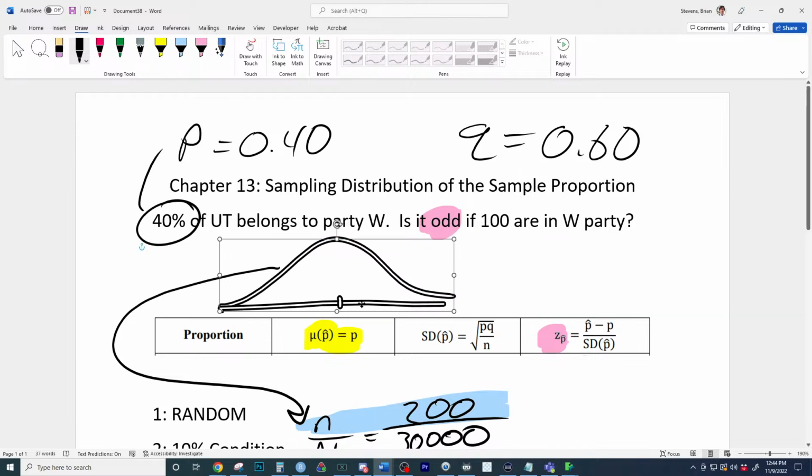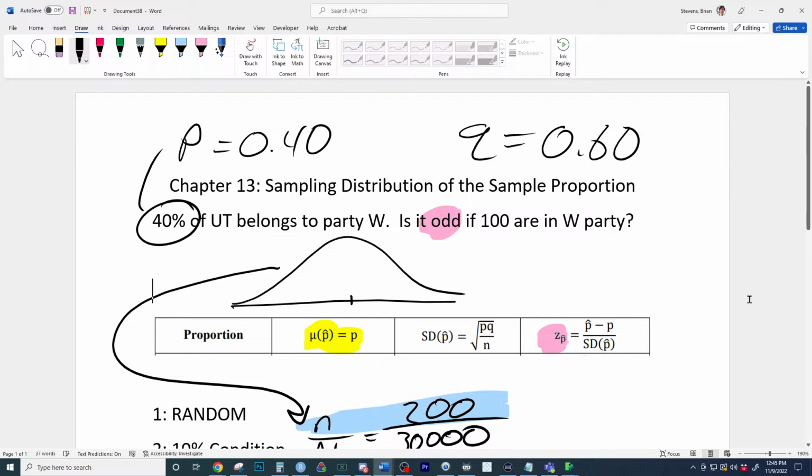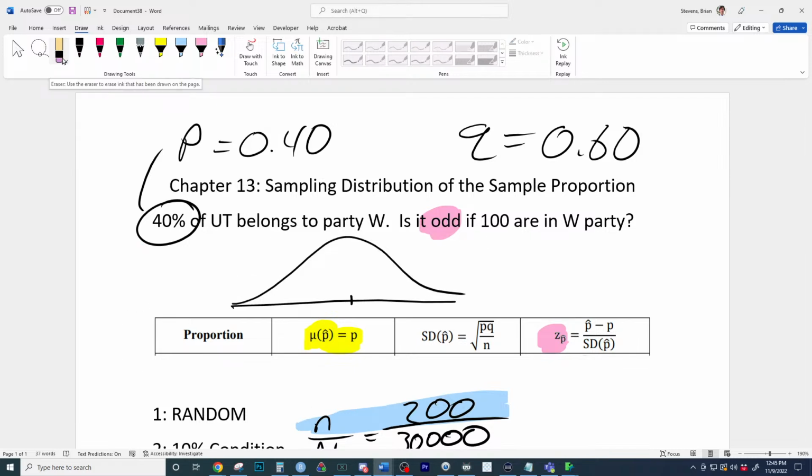The center of the curve for what we expect when we take a sample of students is where? 0.4, because that's where the mean of the sampling distribution is right here.